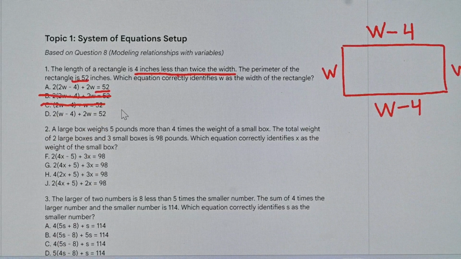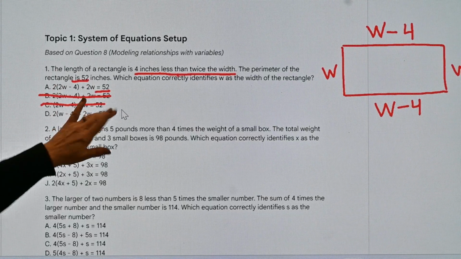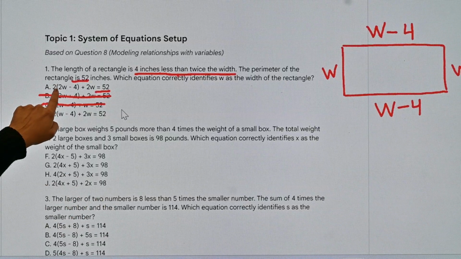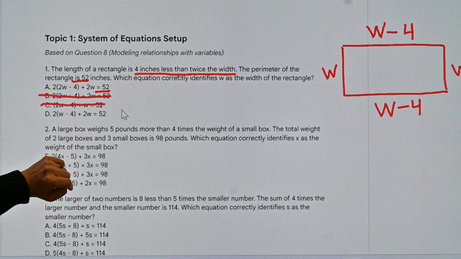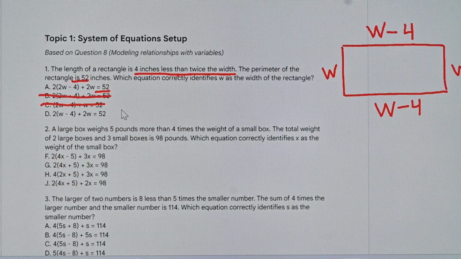So I'm looking at these two options, A and D. They both have the same components, except A has 2W minus 4, and D has W minus 4. So I'm going to read it to you again, and you guys tell me which one you think it is.